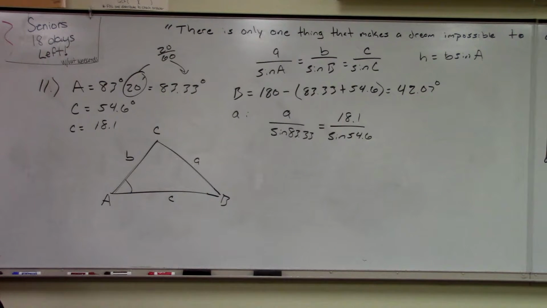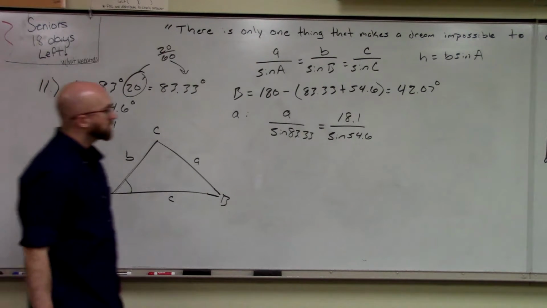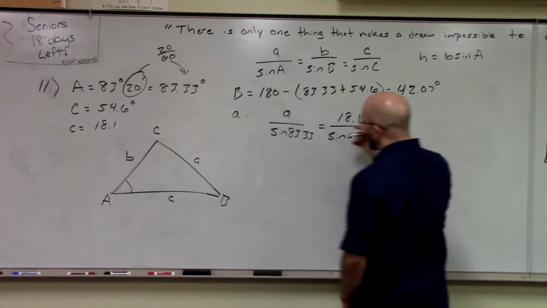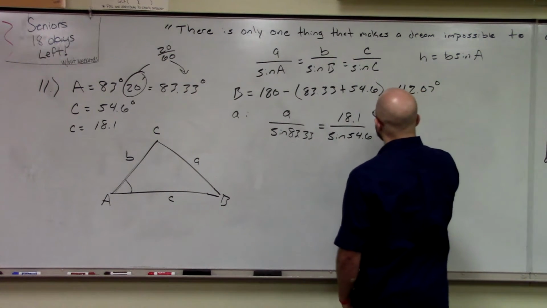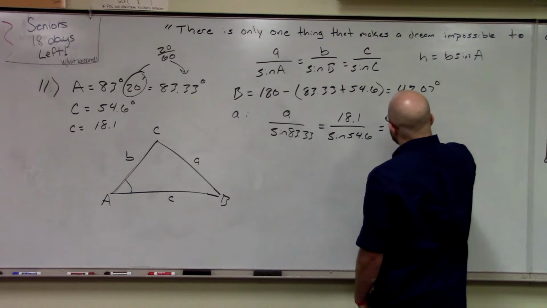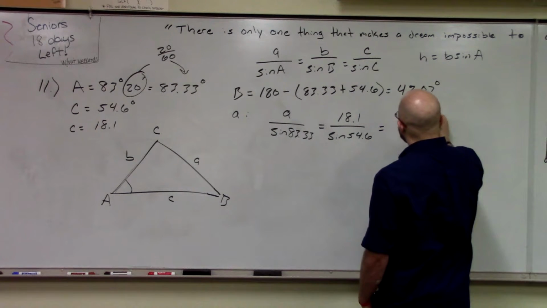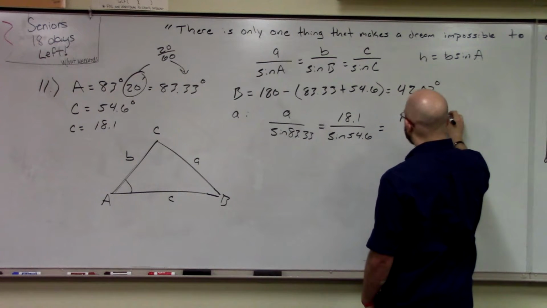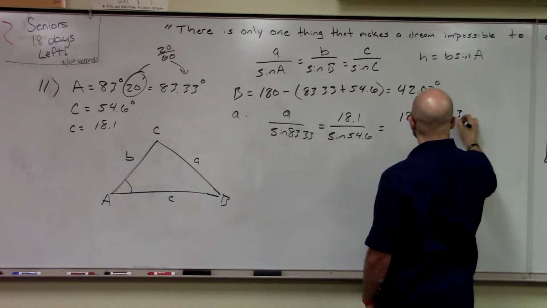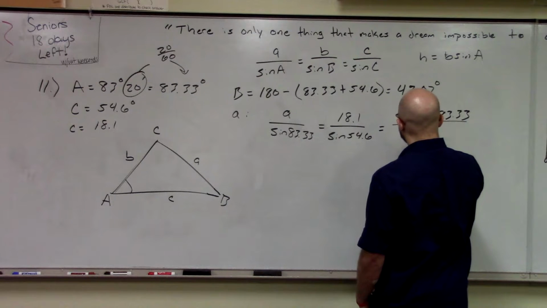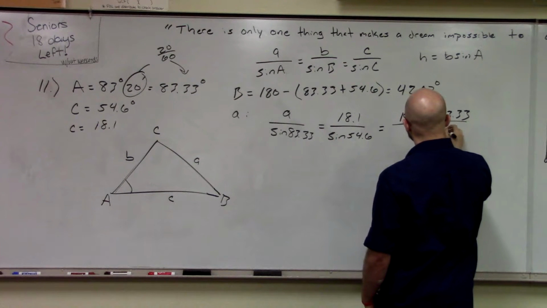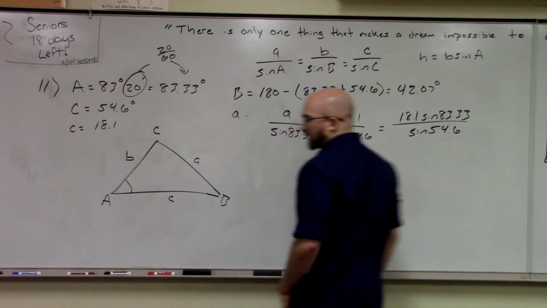Alright, so let's go ahead and we don't need to cross multiply it. All I need to do is multiply both sides by sine of 83.3 to where I get 18.1 sine of 83.3 all over sine 54.6.